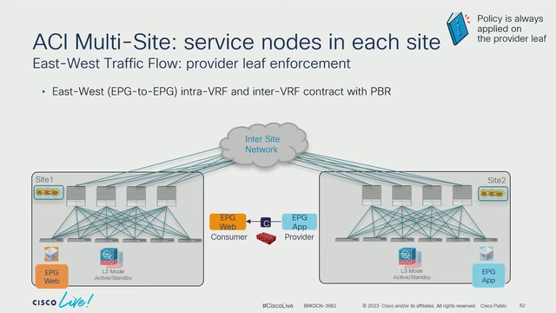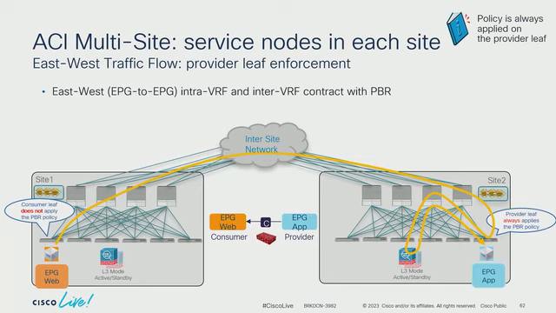For east-west, there is one challenge because, as we discussed probably 60 minutes ago, it's ingress or egress enforcement depending on endpoint learning status. So we need to enforce policy on the same leaf for both incoming and return traffic. Our approach is we always apply policy on the provider leaf instead of the consumer leaf, so that we always insert the firewall on the provider side for both incoming and return traffic. But imagine the provider to consumer direction. The provider leaf might not know the consumer endpoint information.